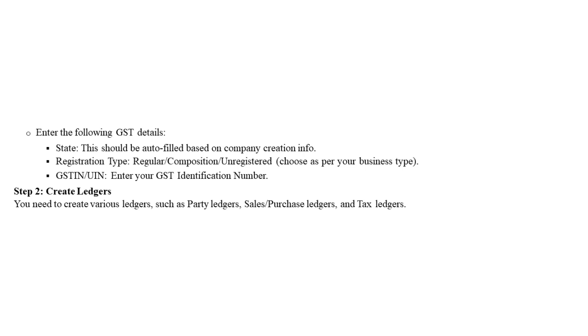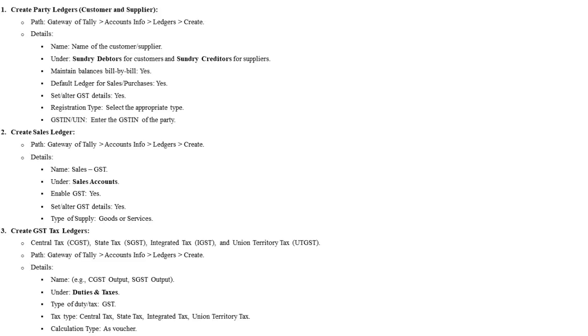Step 2. Create ledgers. You need to create various ledgers, such as party ledgers, sales and purchase ledgers, and tax ledgers. 1. Create party ledgers, customer and supplier. Path: Gateway of Tally, Accounts Info, Ledgers, Create. Details: name of the customer or supplier.